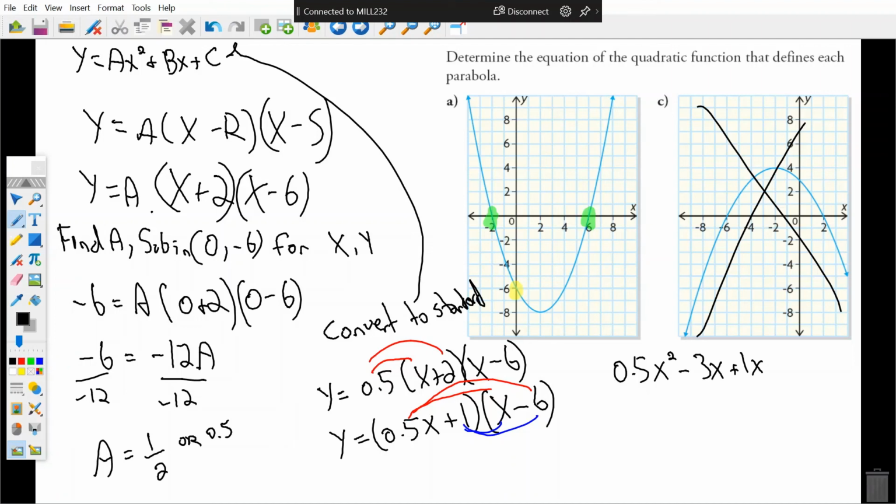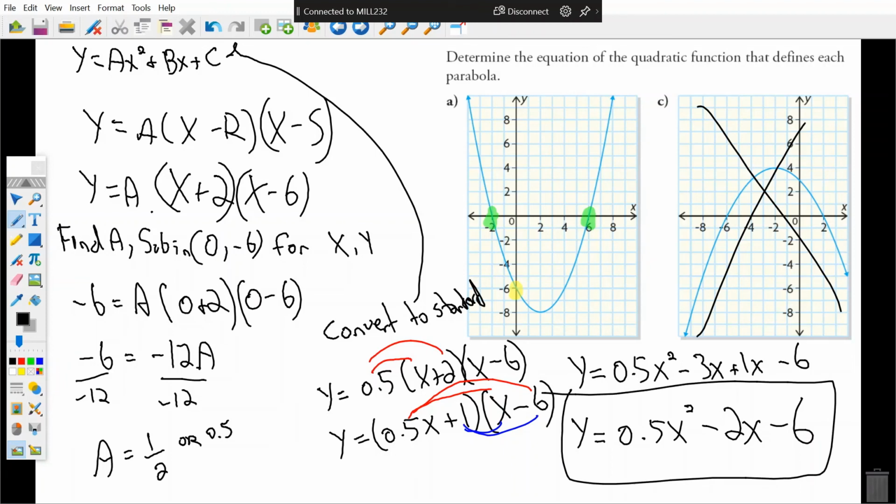And 1 times -6 is -6. We simplify this, combine our two middle like terms. Y equals 0.5x squared minus 2x minus 6.